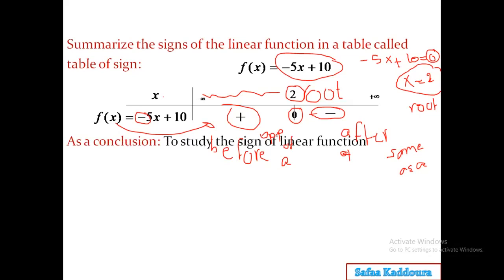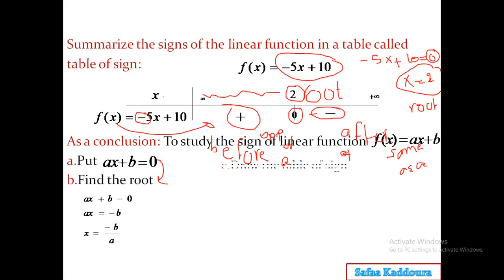As a conclusion, to study the sign of a linear function f of x equals ax plus b: first step, put ax plus b equal to 0. This step is to find the root. Now we find the root. After finding the root, we draw the table of sign.